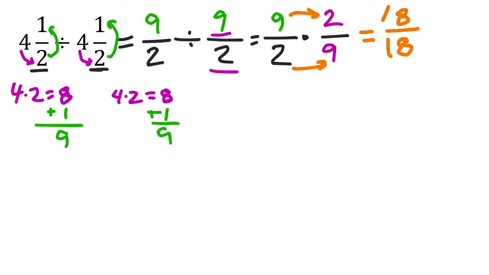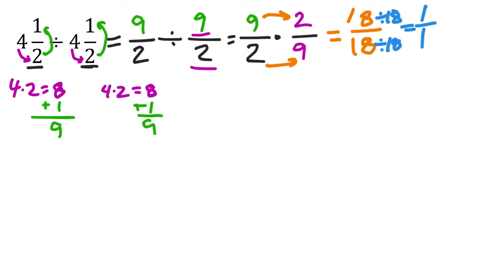Both of these are simplifiable by 18. So I'll divide both by 18, which gives me 1 over 1. And again, this is where we need to remember that it wouldn't be considered fully simplified until you wrote it as just 1. And that's the answer that I showed in the beginning.